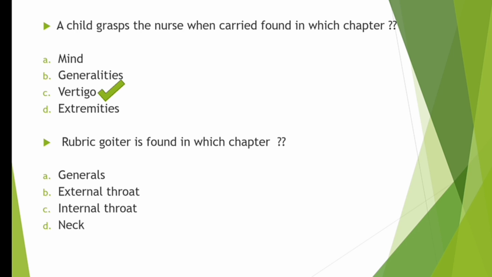Generalities we have. Internal throat we didn't have. We have the throat chapter, in which we can see the rubrics related to internal throat. Similarly, neck: we can see the rubrics related to neck in the external throat chapter and back chapter. So simply we excluded. So the answer is external throat.